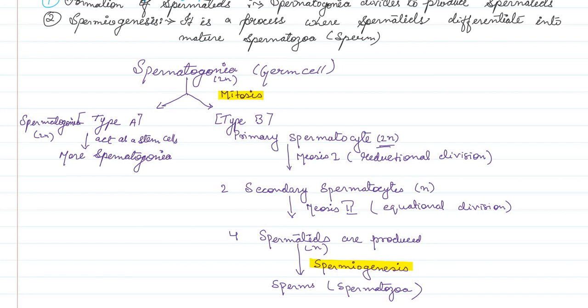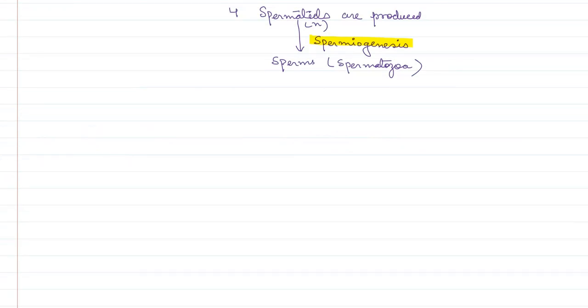Okay, let's see the structure. Suppose this one is the seminiferous tubule, and there are two types of cells. These are germinal epithelium, where two types of cells are present, germ cells and Sertoli cells.